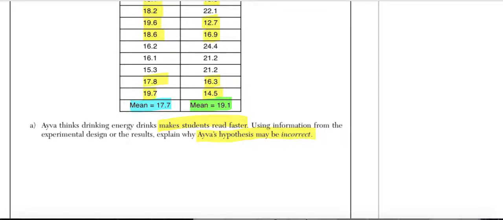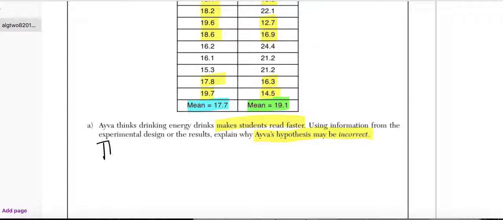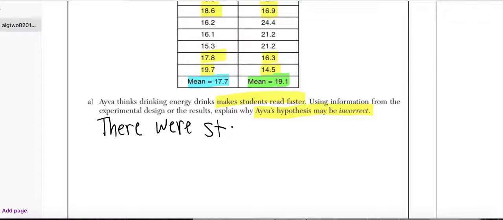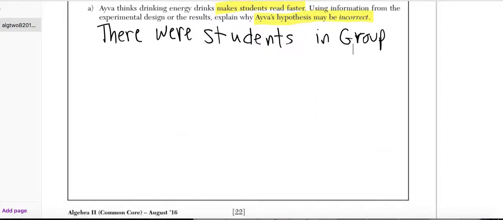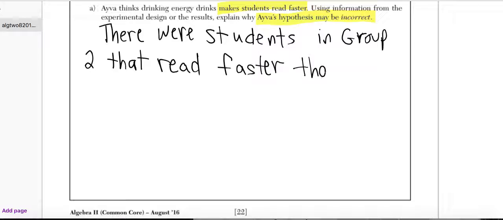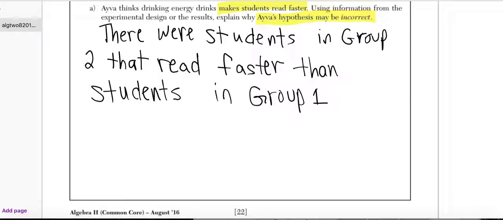So Avia's hypothesis may be incorrect simply because there were students in group 2, which was the cola drink, that read faster than students in group 1. That's basically what it comes down to, who drank the energy drink, right?